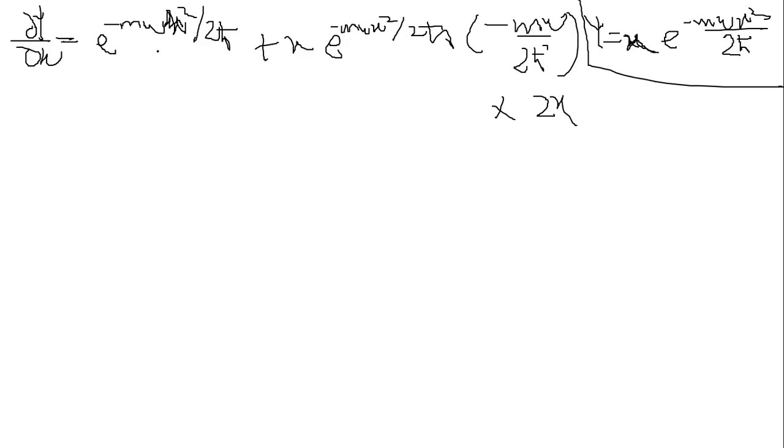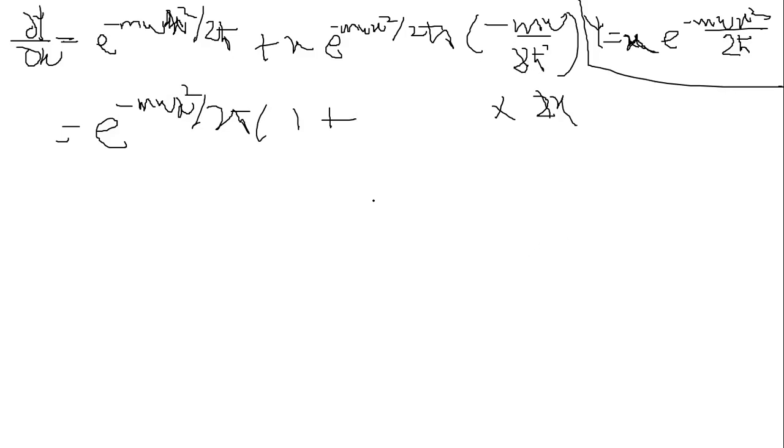So when we calculate this, 2 will cancel out, this x will be x square, and if we take this term common, it will be e to the power minus m omega x square by 2h cross into 1 plus, this will be x square minus m omega x square by h cross.